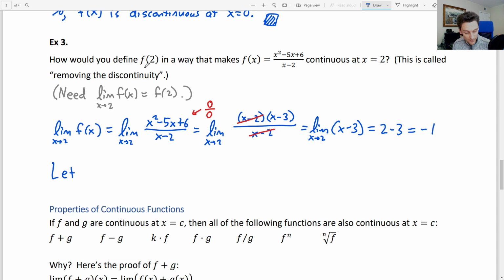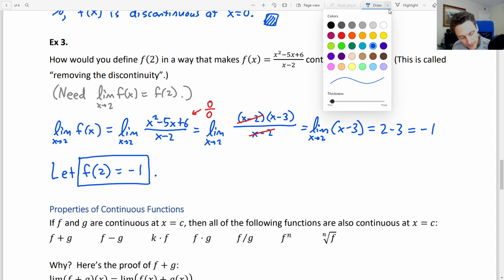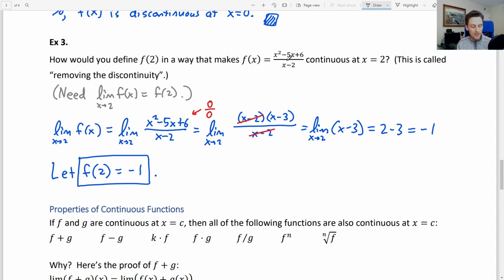So how are we going to define f of 2? We're going to let f of 2 equal that limit, which we just found to be negative 1. What we've done is filled in the hole that was created by multiplying top and bottom of x minus 3 by x minus 2.